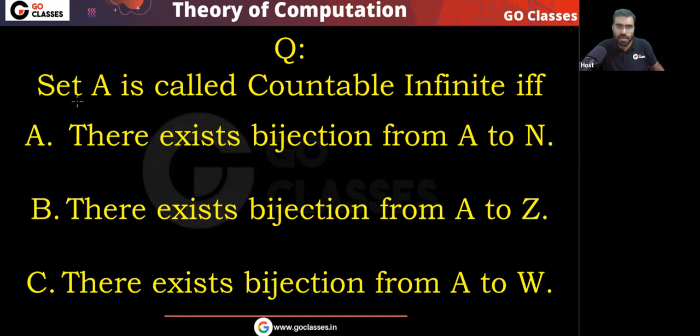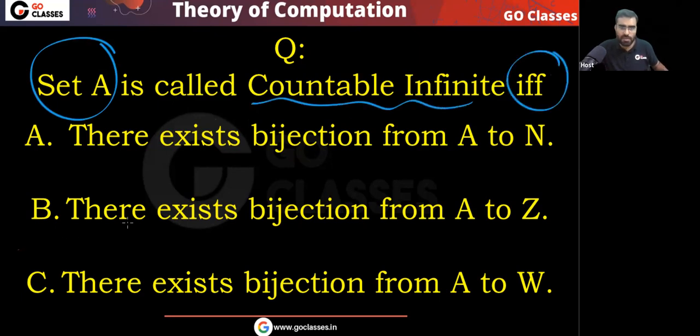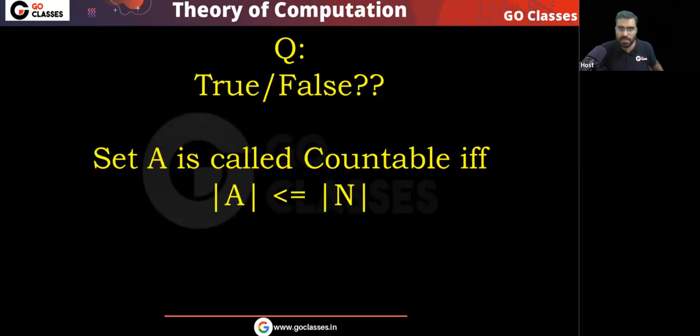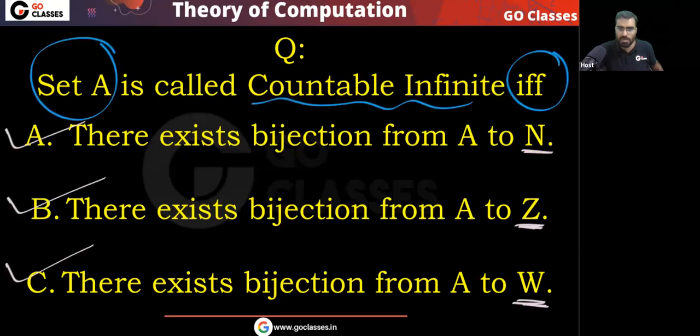The answer will be: set A is called countable infinite if and only if there exists a bijection between N, I. That is correct. This is also correct. This is also correct. Because all of them have same size. Yes or no? Agree? Okay.